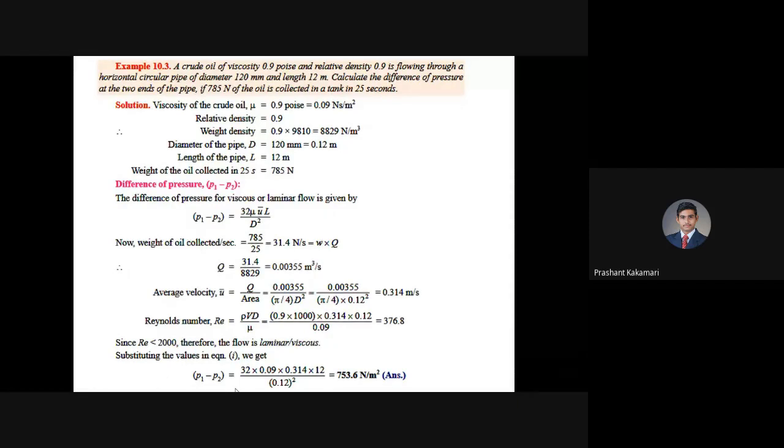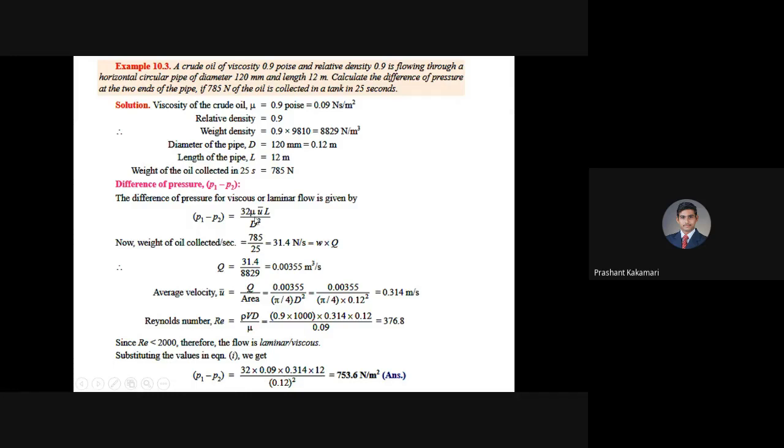Before that, they have checked whether the flow is laminar or not. If it is asked, you can find whether it is laminar or turbulent. Otherwise, you can also directly use this pressure difference equation, because in the problem itself they are asking for the pressure difference. So pressure difference means we have to go by the Hagen-Poiseuille's equation only. So you can use this equation and find the pressure difference.